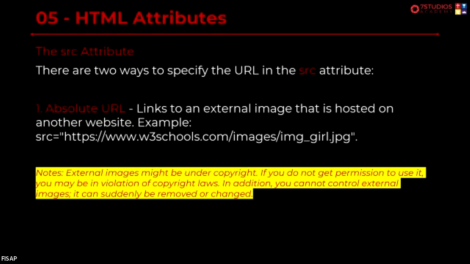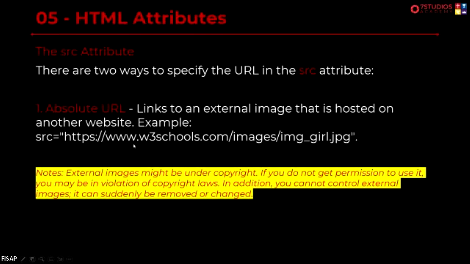So the source attributes, there are two ways to specify a URL in the source attributes. There's the one we call absolute URL, which links to an external image that is hosted on another website.